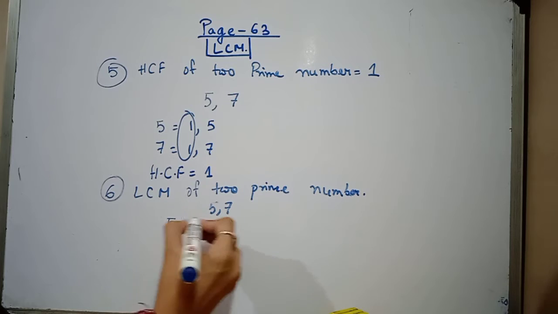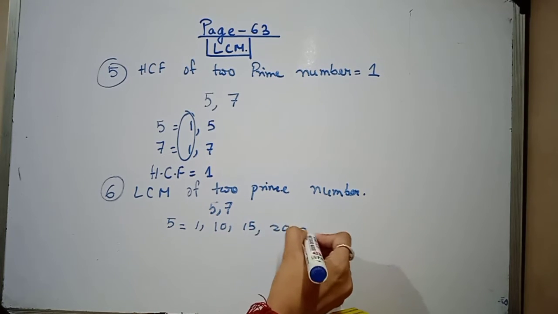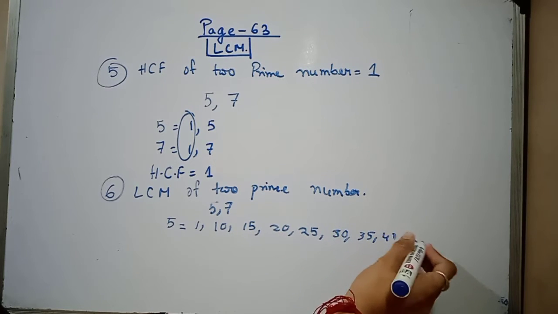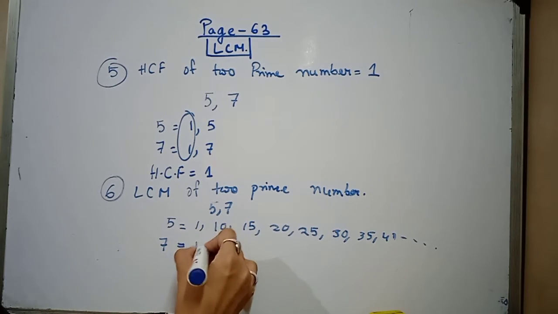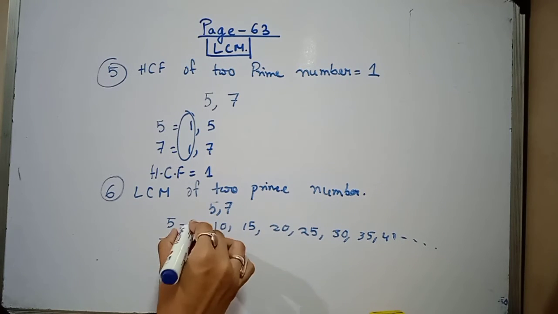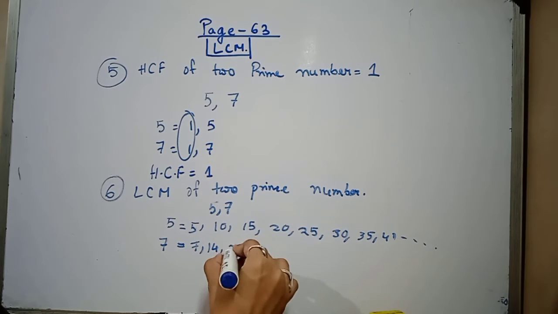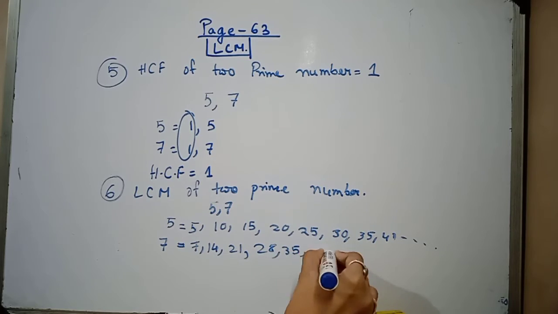What will be the multiples of 5? 5, 10, 15, 20, 25, 30, 35, 40 and so on. Multiples of 7, what will that be? This will be 7, 14, 21, 28, 35 and so on.